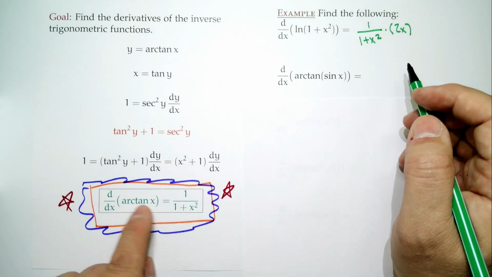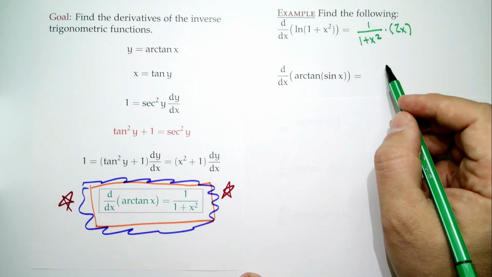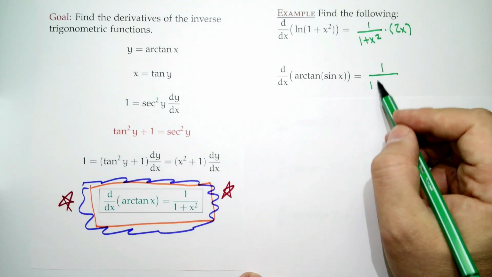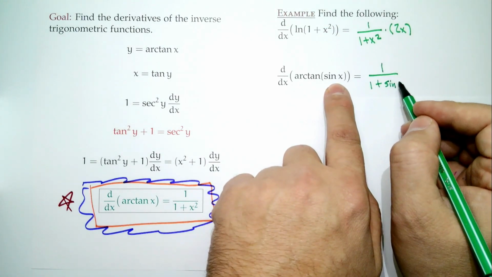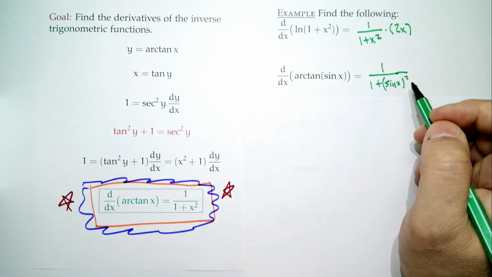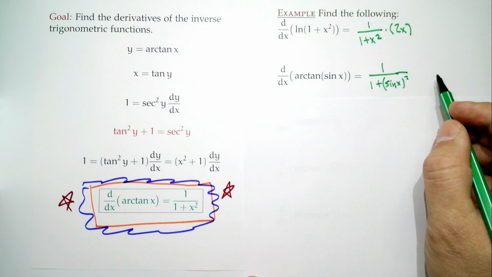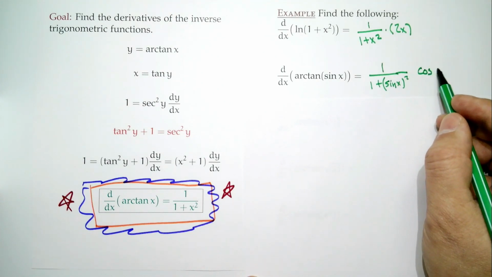The inside here is sine, so I'll write this as 1 over 1 plus sine of x squared, or you could write sine squared of x. And then what else do we need? Times the derivative of the inside, which is cosine of x.